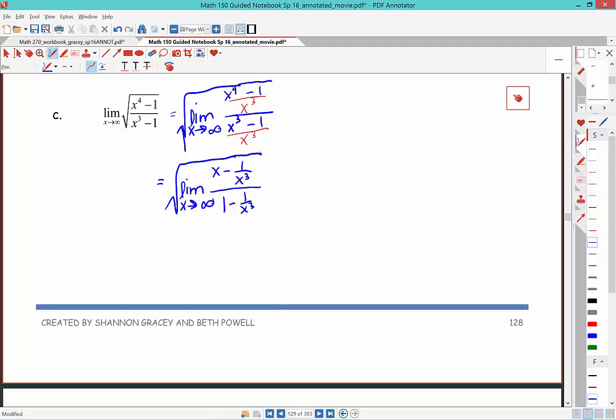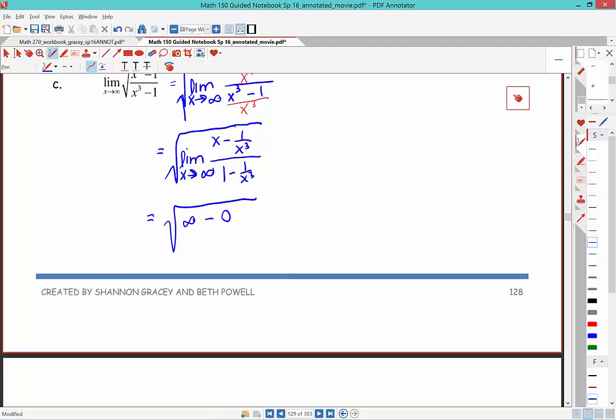So let's move a little faster now. I'm going to be using those same properties that I used before, but I'm not going to write them all out. So basically, the limit as x approaches infinity of x is going to be infinity, and then we'll have minus 0 over 1 minus 0.